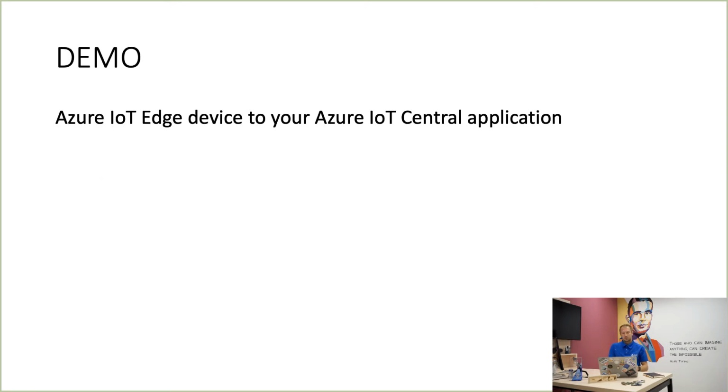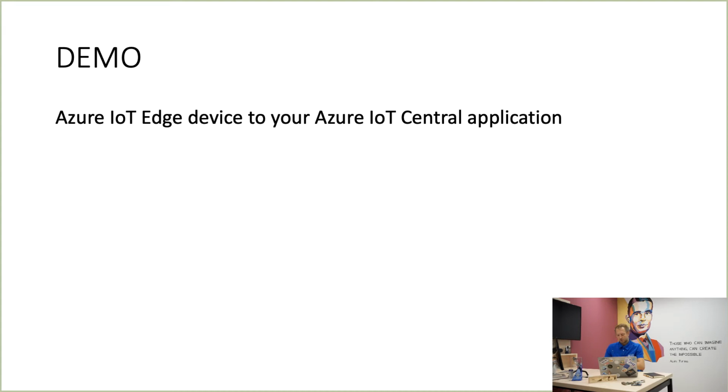So let's do the demo. In this demo I'd like to show how to configure and add an IoT Edge device. For this scenario we will use a virtual machine on the Azure platform, and this virtual machine will act as an IoT Edge device, and we can use it to accumulate all our simulated telemetry, and to view this telemetry we will use IoT Central.